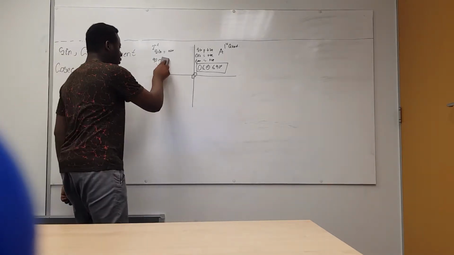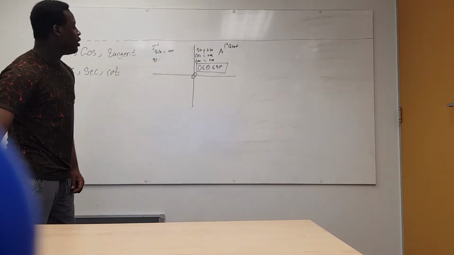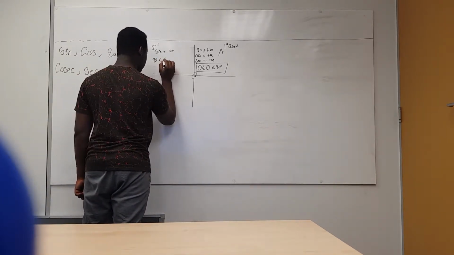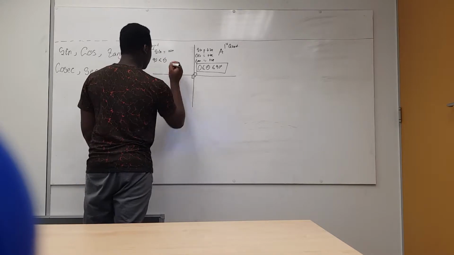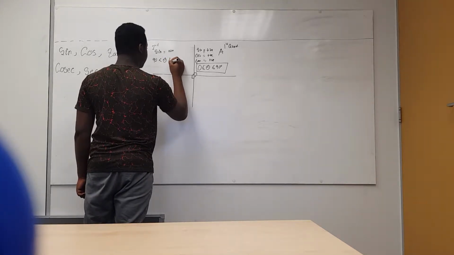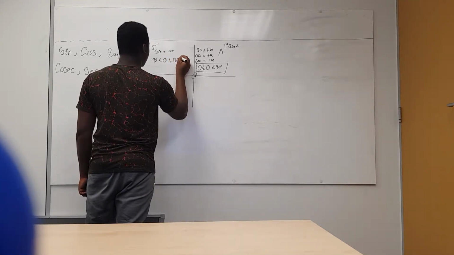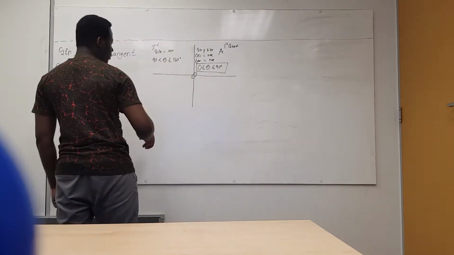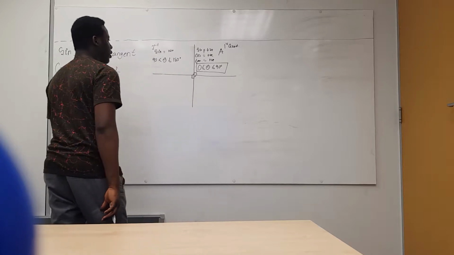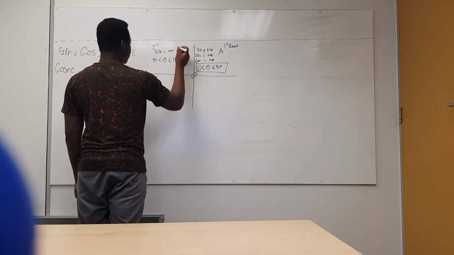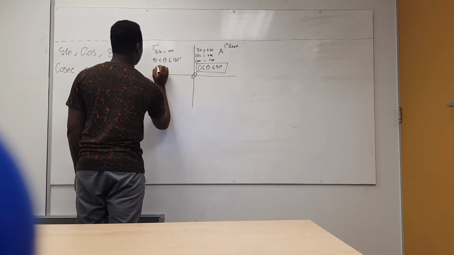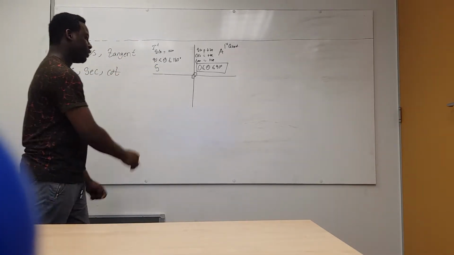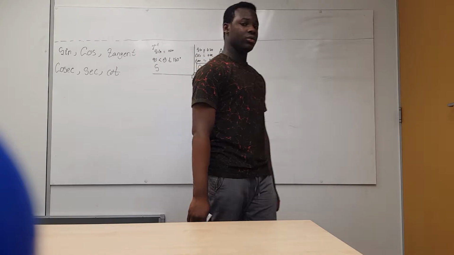So that's the domain of the angles in the second quadrant. Anything greater than 90 and less than or equal to 180 degrees is in the second quadrant. So as I denoted here, all of them are positive here. So I'm going to put this as an S to denote that only sine is positive in the second quadrant.